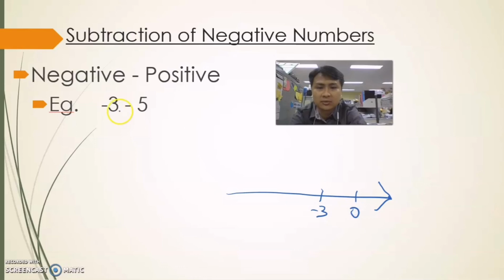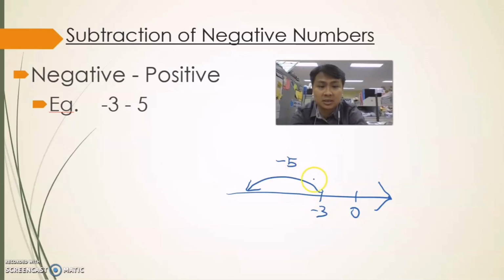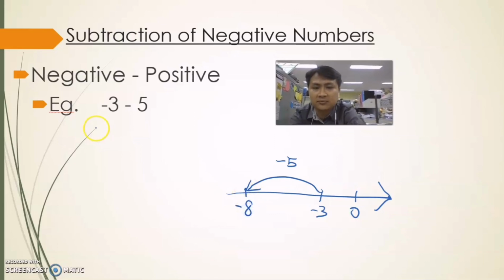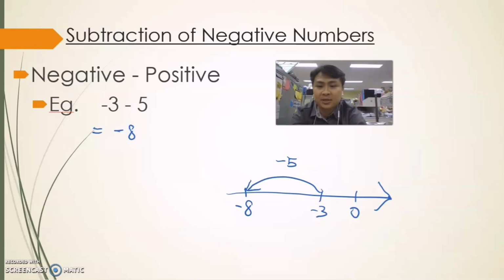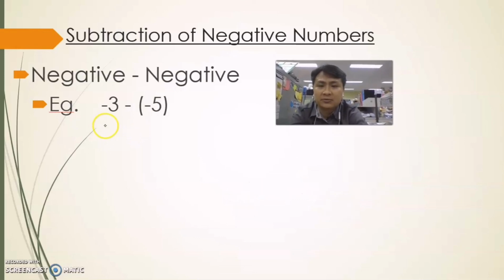So negative 3 minus 5, we're shifting to the left by 5 units. This was actually discussed earlier. So 3 plus 5 is actually 8. We shift to the left by 5 units, we'll end up with negative 8. So our answer for this question will be negative 8. Simple, right?